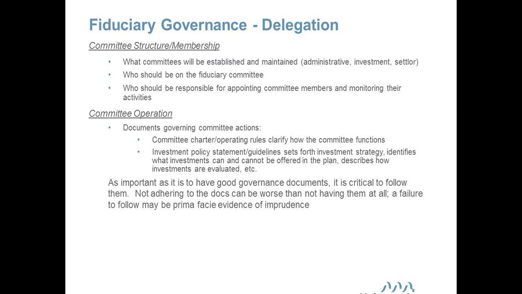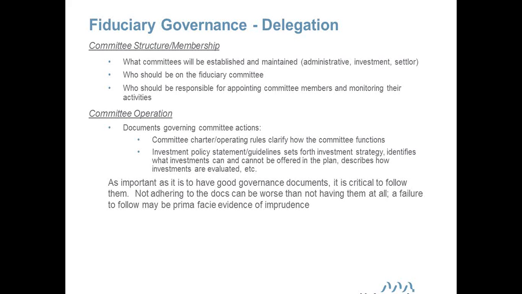And then who should be responsible for appointing the committee members and monitoring their activities? Well, we've mentioned before the board of directors or the trustees often delegate the authority to a retirement plan committee. Is the whole board of directors going to oversee that? Are they going to designate a chairperson of the committee specifically? And often they designate committee members either in the plan document or in a delegation document by their name or by title.